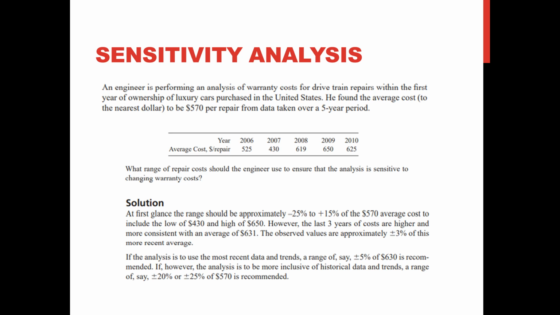So if the analysis is to use the most recent data and trends, a range of say positive or negative 5% of $630 is recommended. However, if the analysis is to be more inclusive of historical data and trends, a range of say plus minus 20% or plus minus 25% of 570 is recommended.